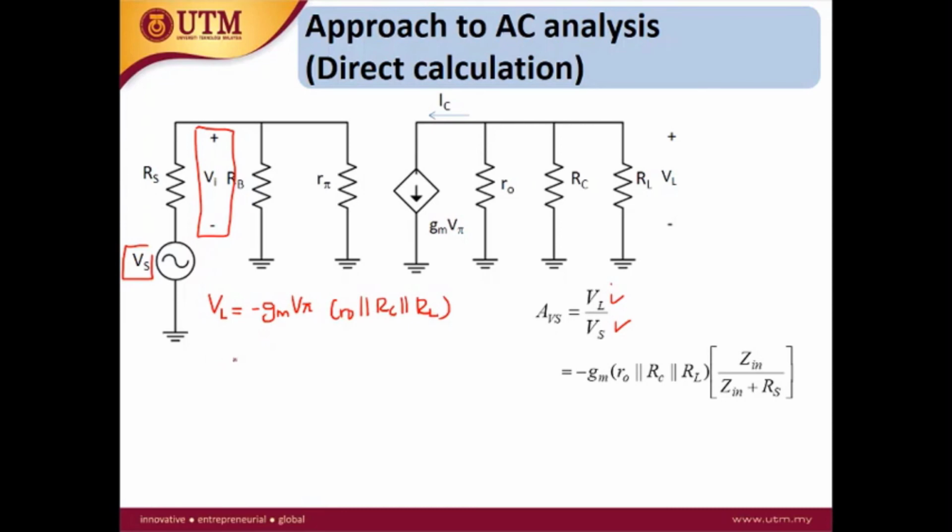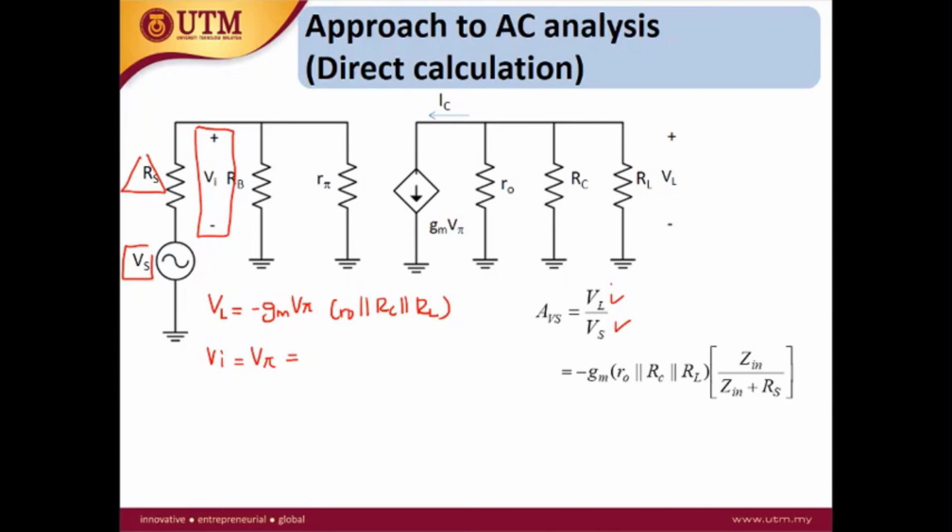So how about the Vs? For Vs, we can use this one. Vi is equal to V pi, and that is equal to the voltage divider. This is the voltage divider between the RS and the amplifier. Here you need to remember the resistance related to the input port, because we are analyzing the voltage drop at the input.